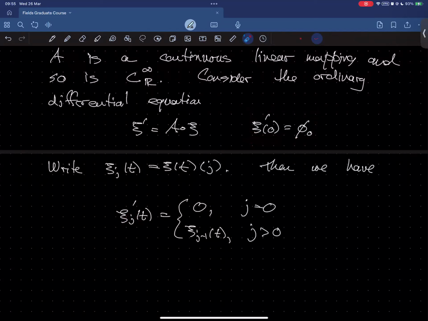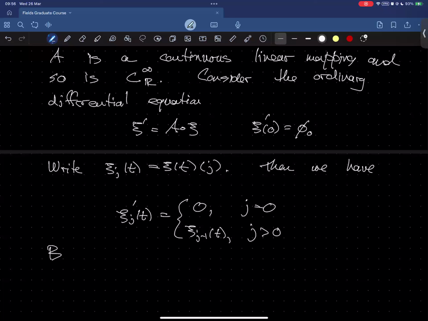So Cj at zero has to be phi 0 at 0. And then you just apply the differential equation. So you can immediately solve the equation for j equals 0, and then you solve it for j equals 1 by just integrating the thing that you have for j equals 0.